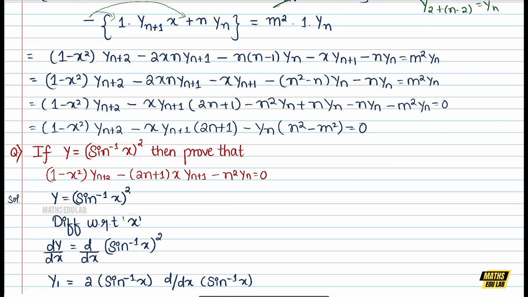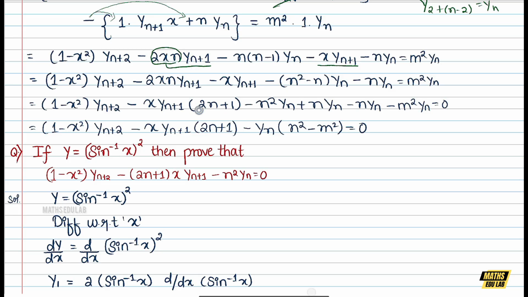Now in this step what is written is 1 minus x square y n plus 2 minus 2x n y n minus, see here we have x y n plus 1, here also we have x y n plus 1. So the value we have to take common is y n plus 1.